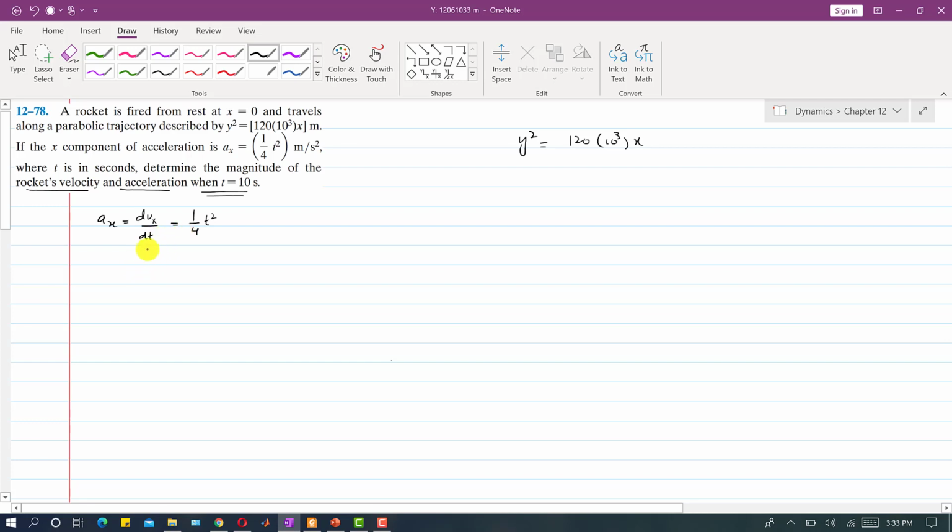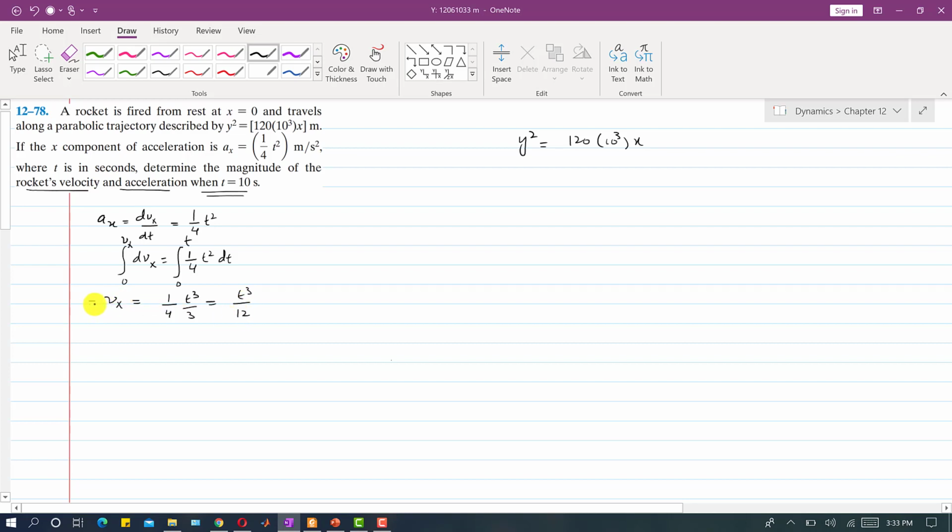We can write dvx equals 1/4 t squared dt, and integrate from 0 to vx and from 0 to t. So vx equals 1/4 times t cubed divided by 3, which is t cubed divided by 12.